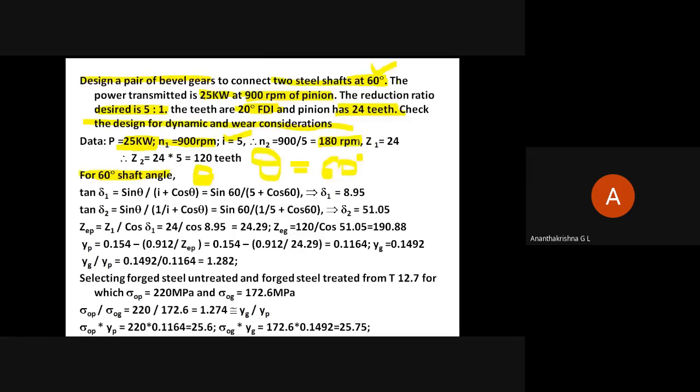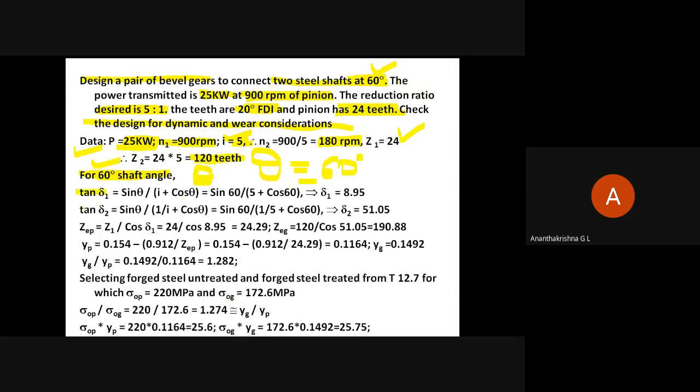And Z1 is given as 24. Multiply that by velocity ratio 5, so you are going to get Z2 equal to 120 teeth. That is the data that you can extract from the given problem. Then for acute angle bevel gear, shaft angle theta is 60 degrees.